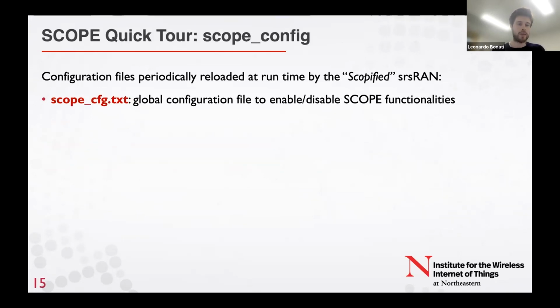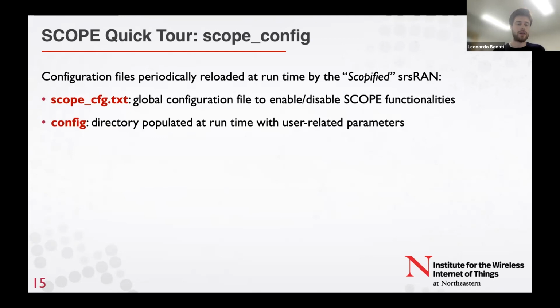And then we have another file that allows you to basically run the various functionalities of the scope framework, or disable them if you want to compare them with a baseline cellular implementation, for instance.